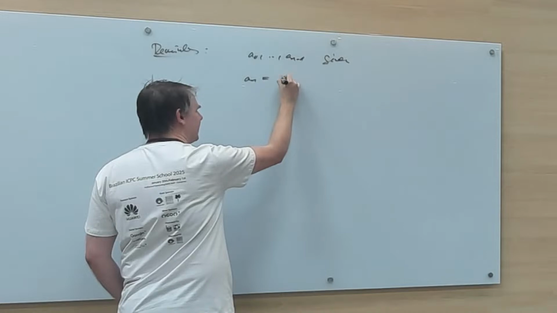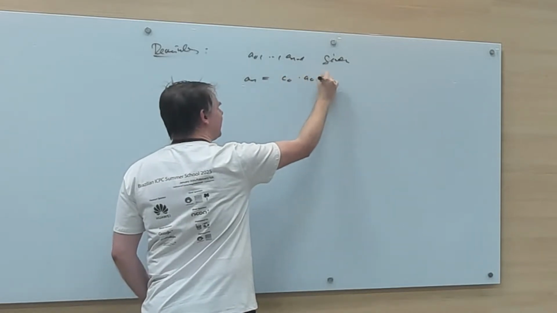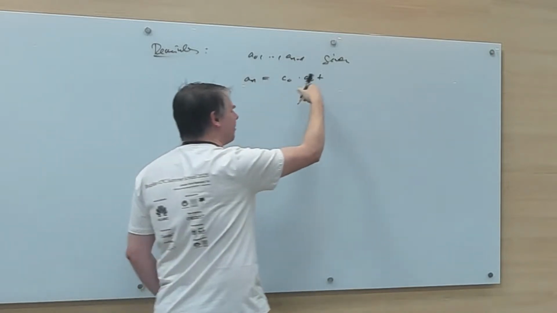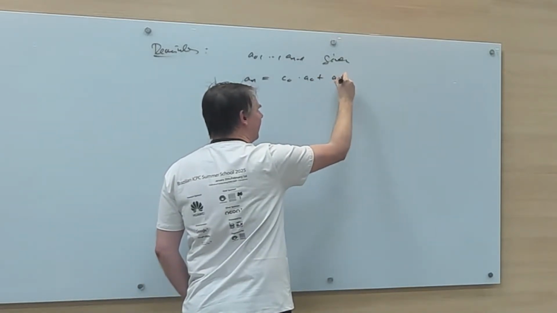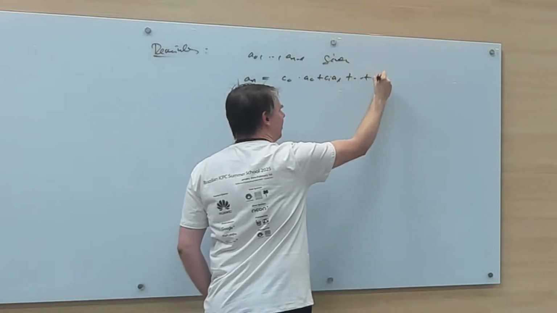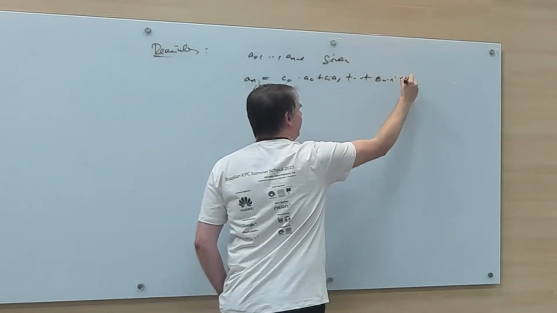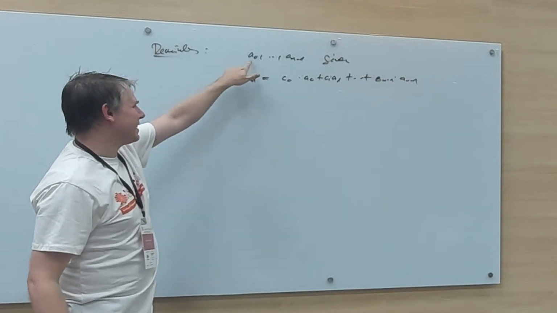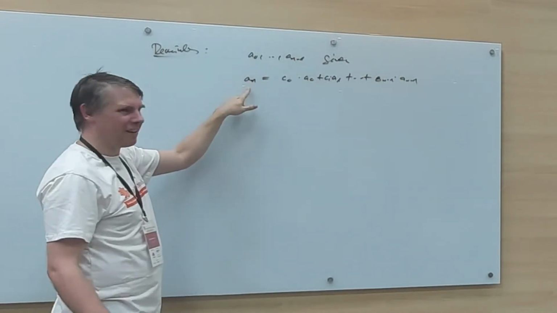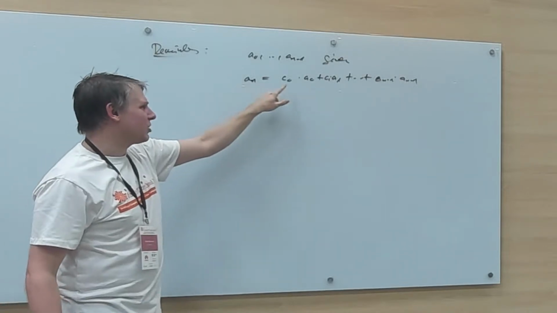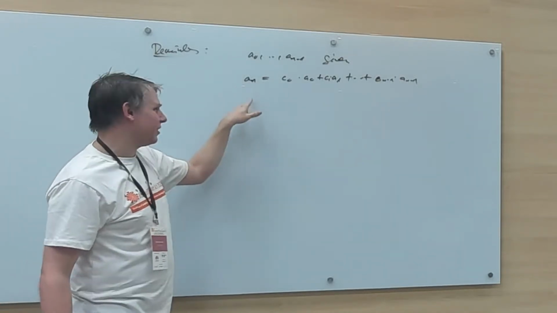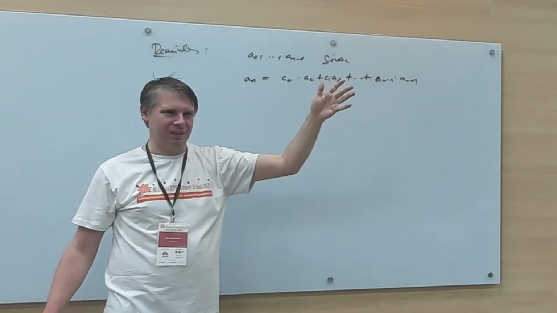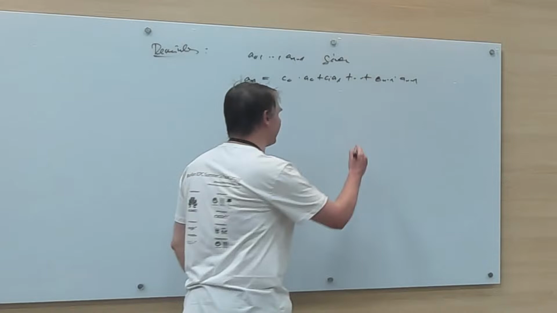So let's just put it: an equals C0 A0 plus C1 times A1 and so on, plus Cn minus 1 times An minus 1. Of course, the index is a bit overloaded in the sense that these are the first n terms, this is how you calculate the next term, but then you proceed calculating the further terms with the same formula, always using the previous n values. Right? You are familiar with linear recurrences.